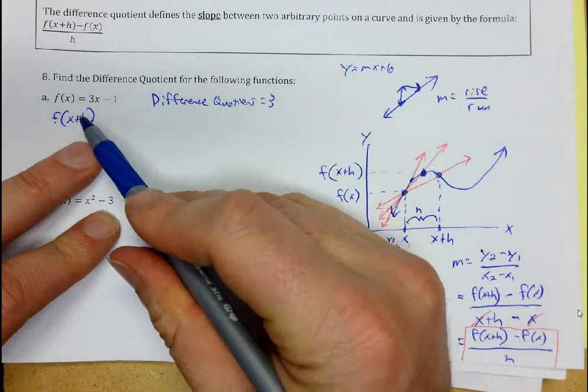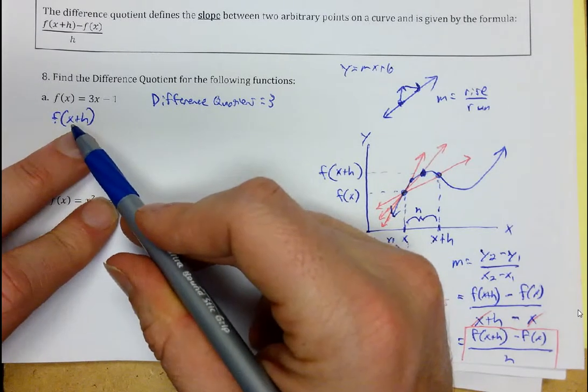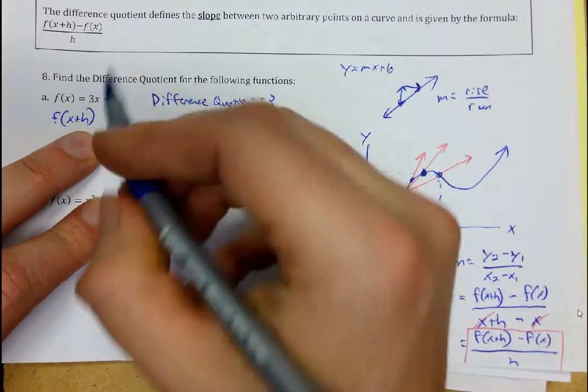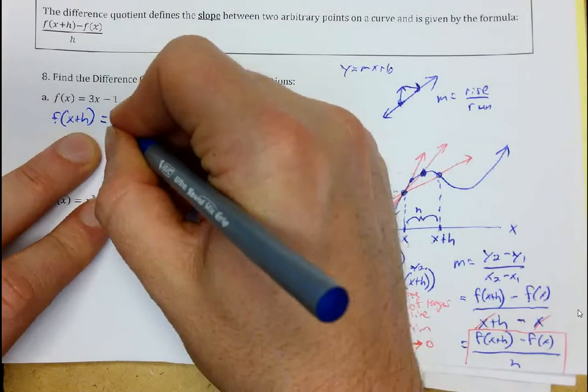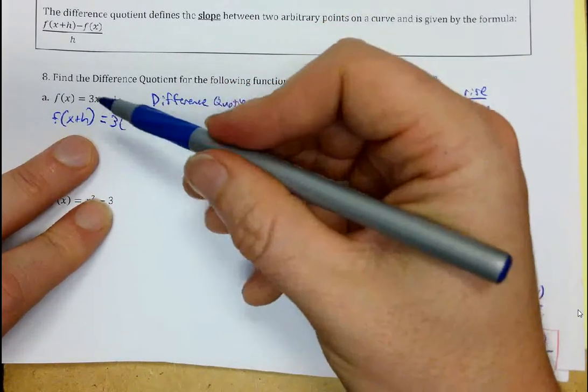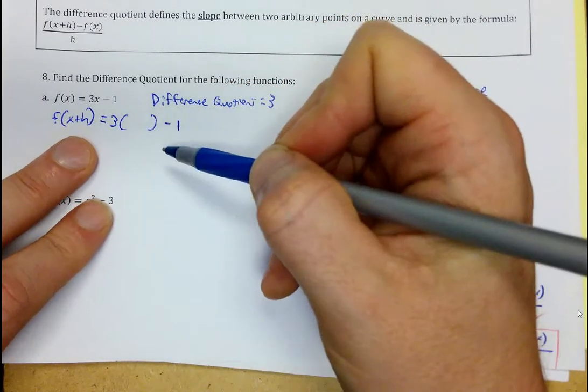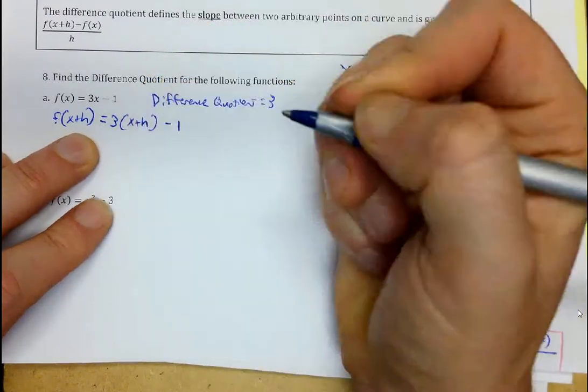We know how to evaluate a function at some crazy expression. So I just need to plug all this mess in for our x. I always like to write this as 3 times blank minus 1. So I've replaced my original x with just a blank spot, and I'm being asked to plug in x plus h, so I'll go ahead and plug in x plus h.